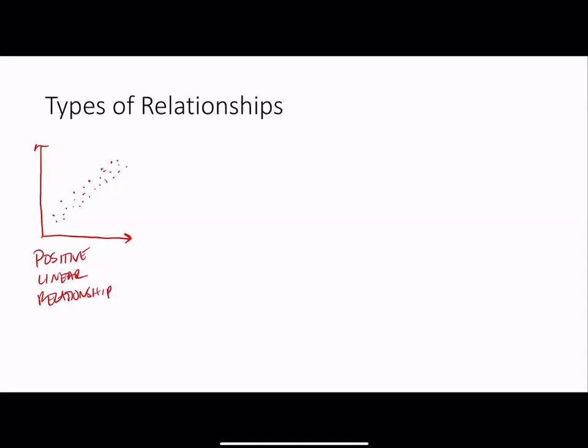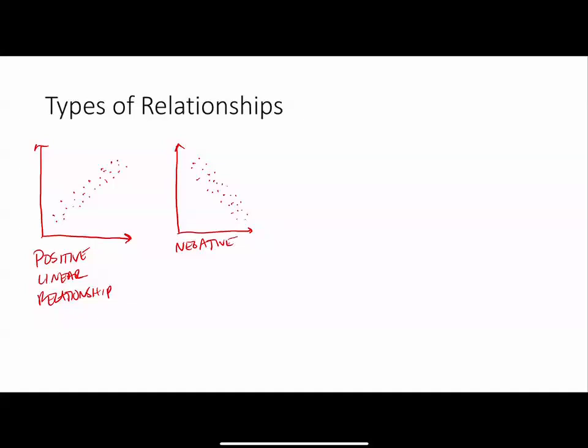Now, likewise, we could have the opposite, a negative linear relationship. You could see that it goes in a negative direction, and like the positive, it starts to form some type of line. So we'll call this a negative linear relationship.